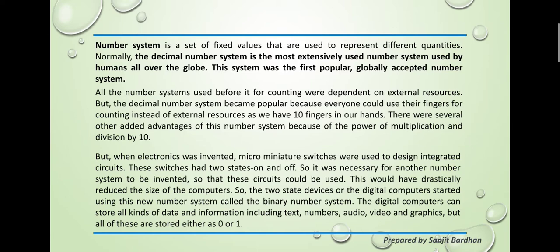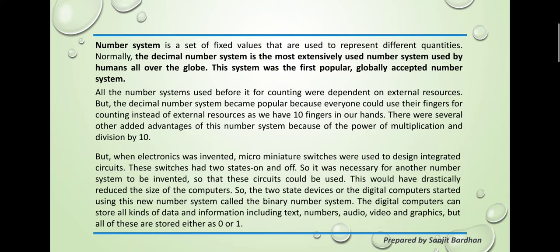There were several other advantages of this number system because of the ease of multiplication and division by 10. I have already told you that the decimal number system has a base of 10. That's why we can easily multiply and divide by 10, okay. And we can easily count by using the fingers of our hands, okay.